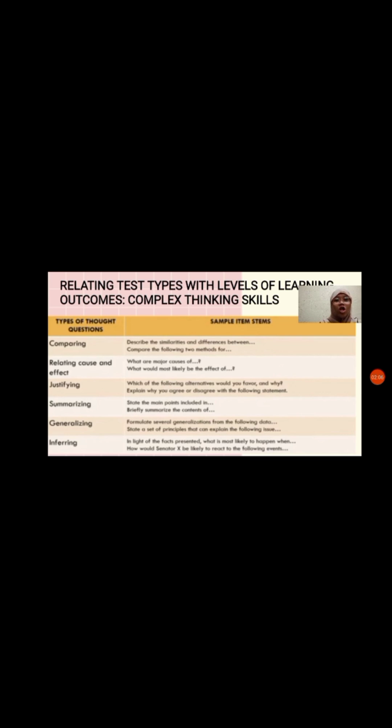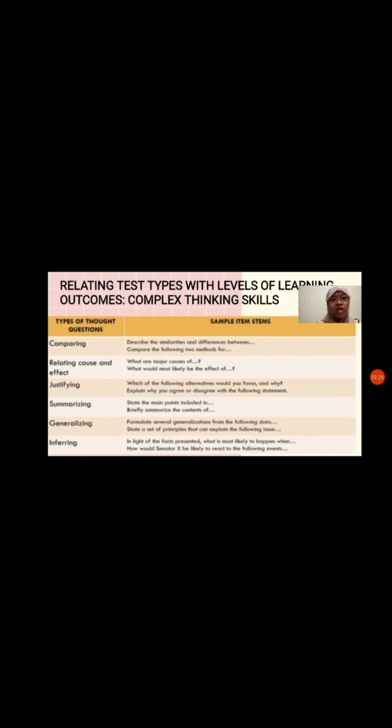For relating cause and effect, you may ask these questions. What are major causes of? What would most likely be the effect of? Then you add a phrase or a word that you like to add.